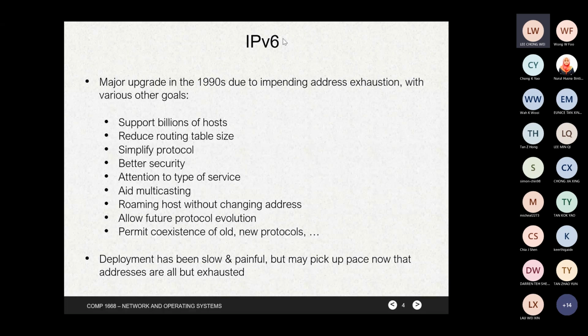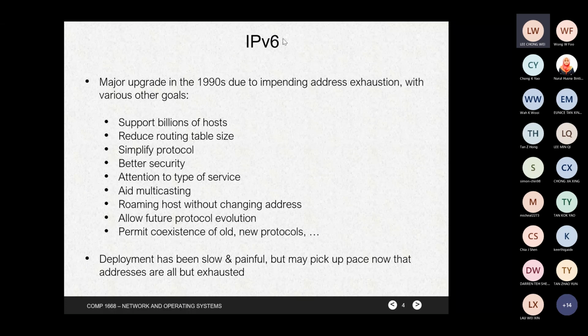That was the main reason, because we have many more devices or things, the Internet of Things, today compared to what IP4 can support. So IP version 6, like what we have seen last week, if you use the formula 2 to the power of n minus 1, it will run into billions of hosts or billions of client servers. And of course, IP version 6 is much simpler compared to version 4.